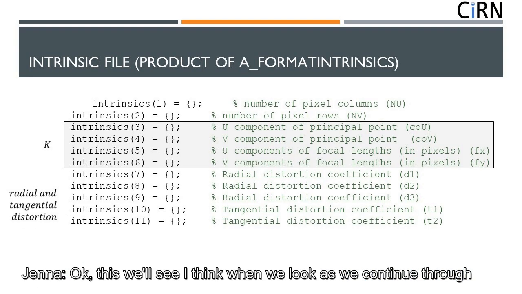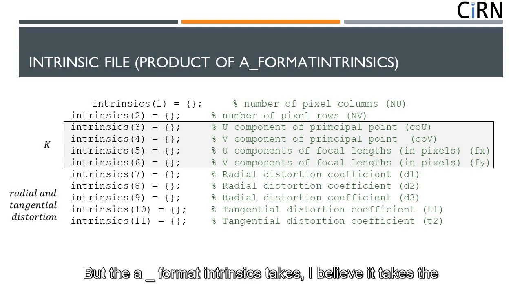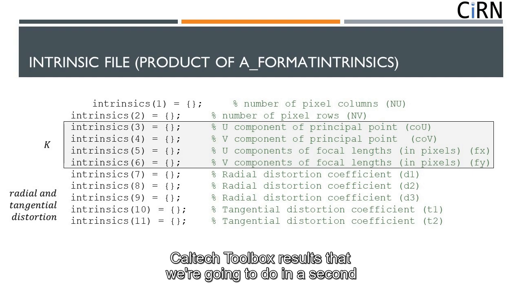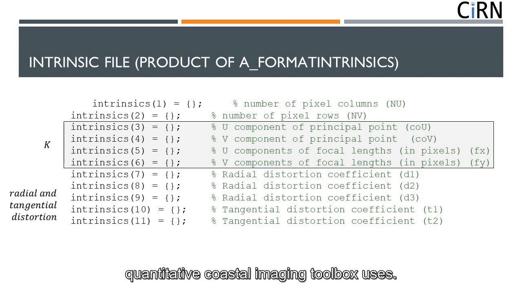We'll see this as we continue through the practicums and the codes, but the A_format intrinsics function, I believe, takes the Caltech Toolbox results that we're going to do in a second and puts them into this intrinsics variable that the rest of the quantitative coastal imaging toolbox uses.